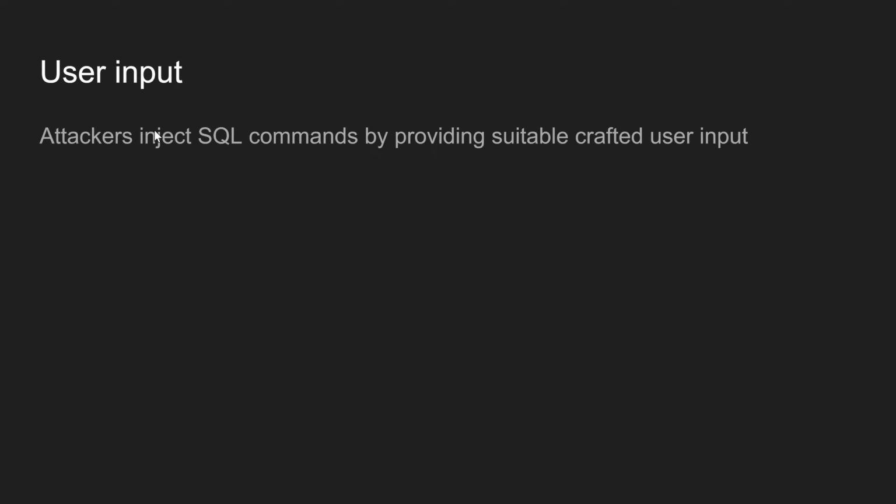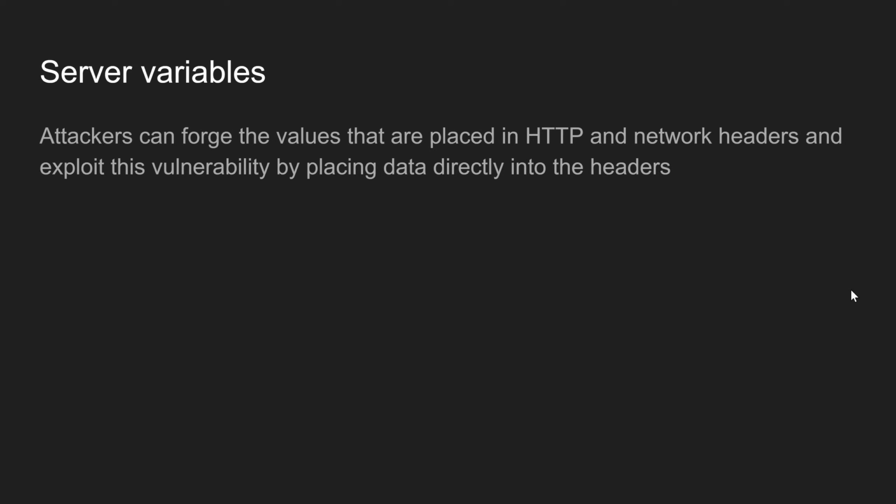User input: attackers inject SQL commands by providing suitably crafted user input. Server variables: attackers can forge the values that are placed in HTTP and network headers and exploit the vulnerability by placing data directly into the headers.